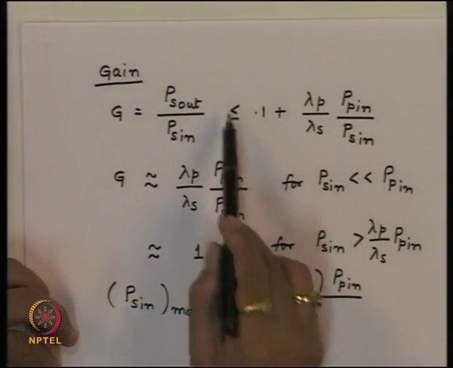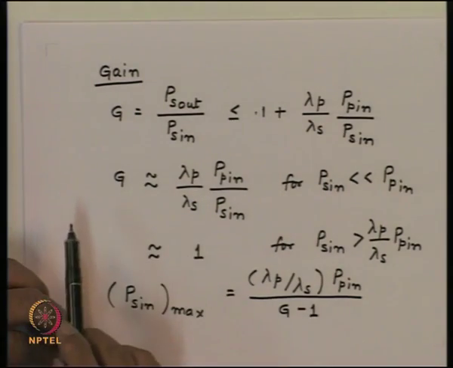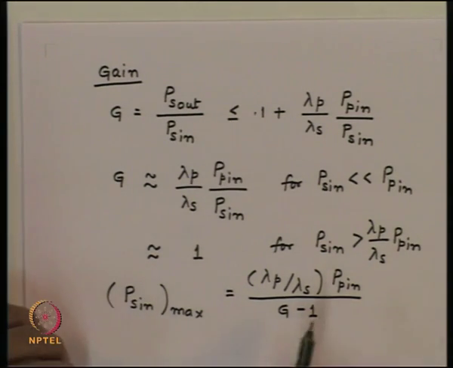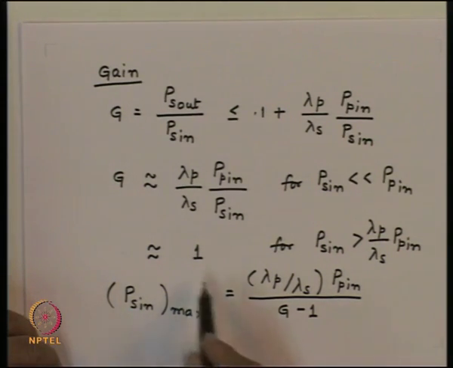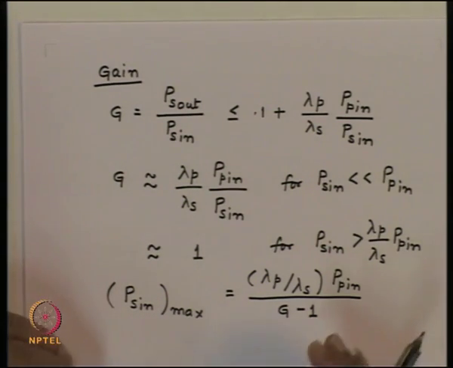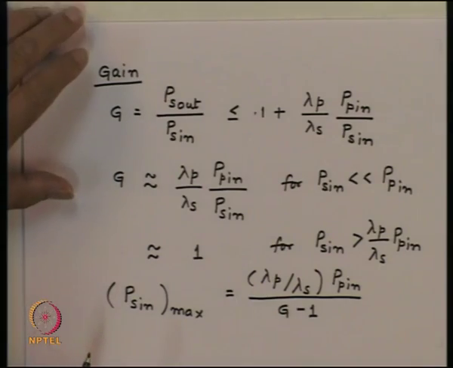So essentially we have taken this expression, taken this one on this side, and you find out what is the maximum value of this required so that I can get the desired gain G. If the signal power increases beyond this value, then the amplifier gain will be less than this quantity G.